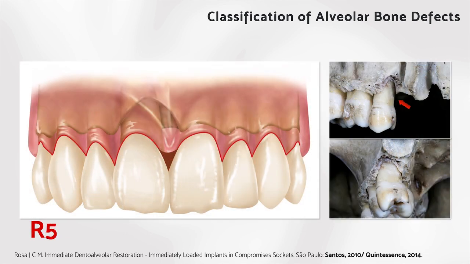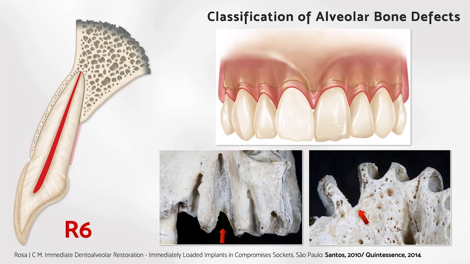R5, when we have the bone loss in the proximal wall, either in the mesial or distal aspect, as you can see in this dry skull. And here R6 defect, that is placed in the palatal wall.